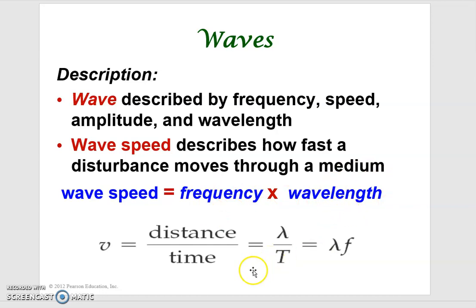Let's use the knowledge we learned from chapter 1: velocity is the distance divided by the time. The distance traveled in one wavelength is lambda, and the time spent is one period. So this is how you calculate the wave speed. But because we know that 1/T is the frequency f, the most common formula you are going to see is that the wave speed is the wavelength multiplied by the frequency.